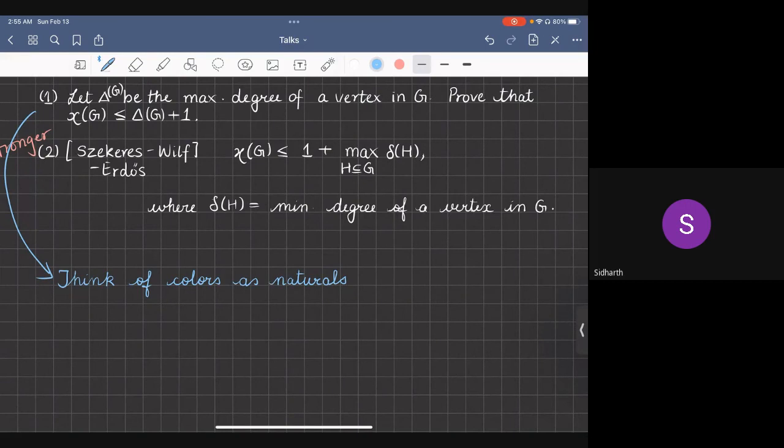We want to minimize the largest natural number we are using. It's really the same thing, right? And just go through the vertices in any arbitrary order.